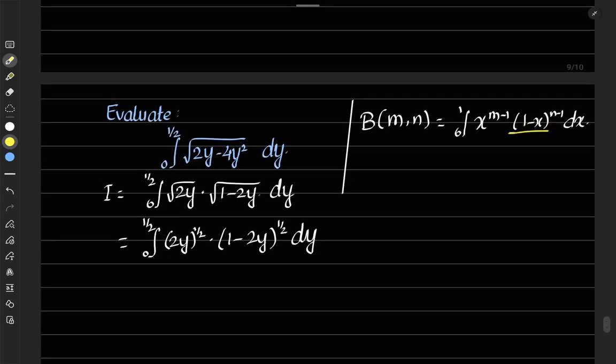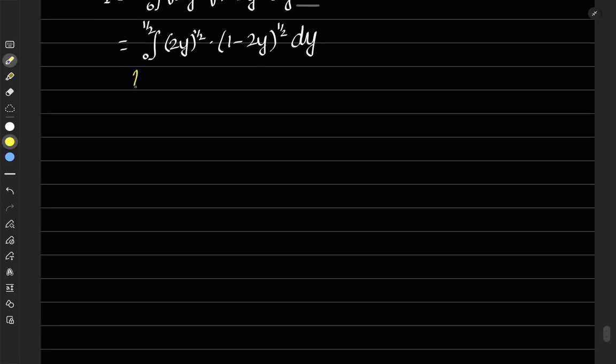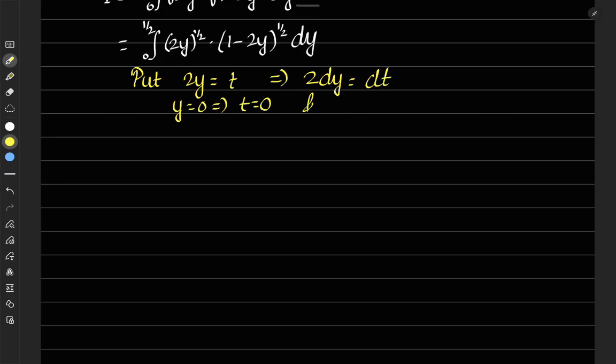So to compare with this formula, we will put 2y equal to t. So we get 2 dy equal to dt, and when y is 0, t is also 0, but when y is half, the upper limit, t is 1.